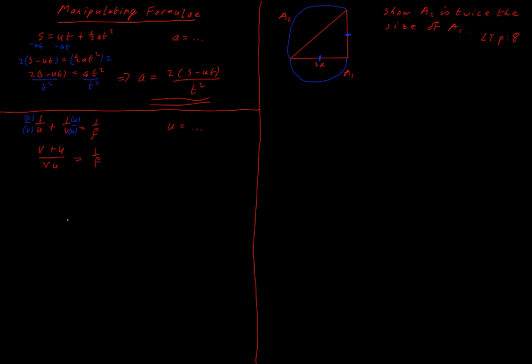Now I want to multiply both sides by my lowest common denominator, which is going to be vuf. That's the lowest common denominator. So I'm going to multiply both sides by it, and because I'm making both sides bigger by the same amount, I'm not breaking my equality.